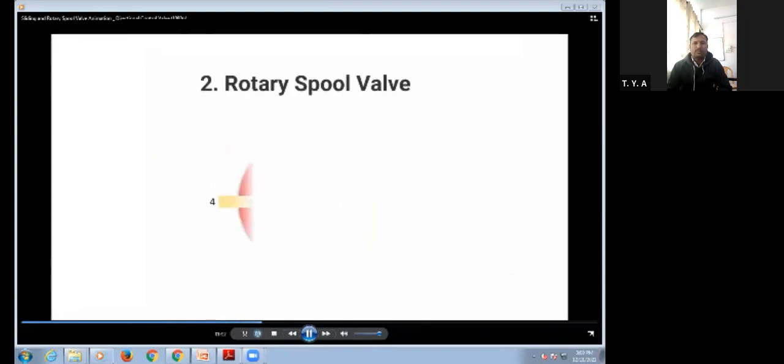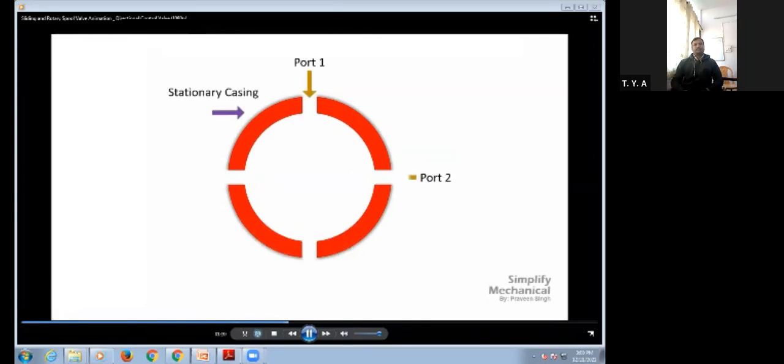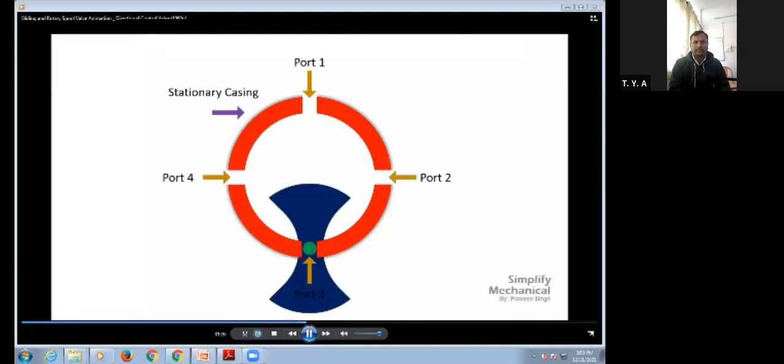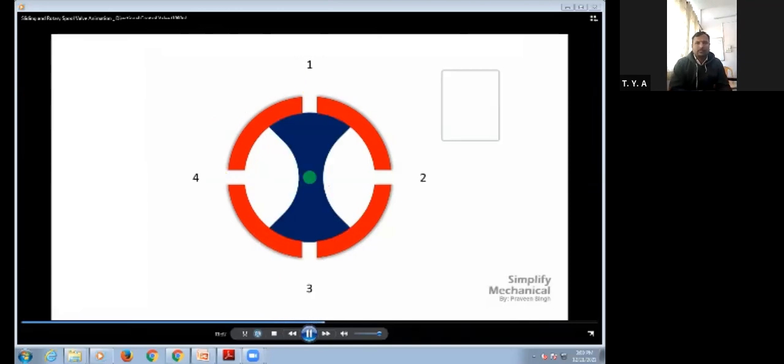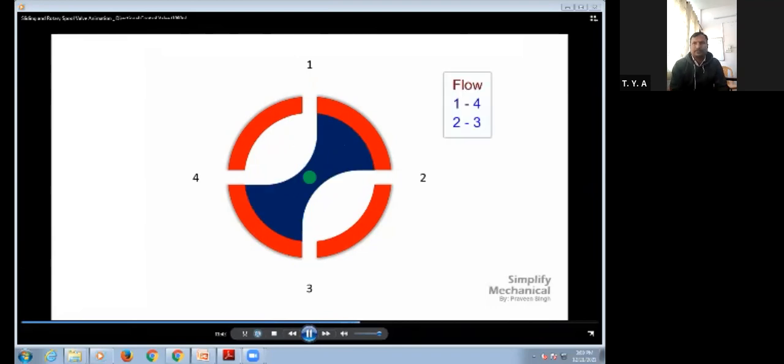And we will see the rotary spool also. Port 1, it will go from port 4.